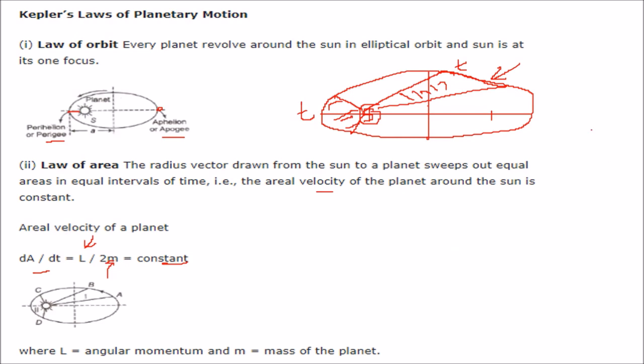In this case, this is the major axis, so this half is the semi-major axis. This whole is 2B, the minor axis, so half of it is the semi-minor axis, which is B. From this point to this point is 2A. This is the distance we are talking about, A.